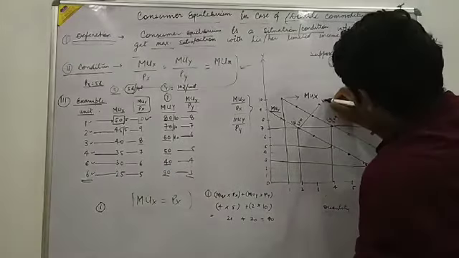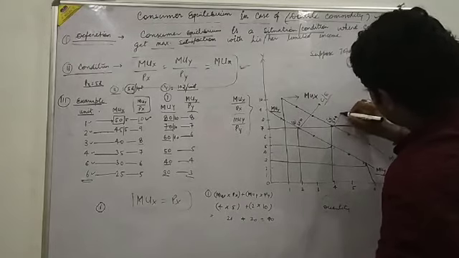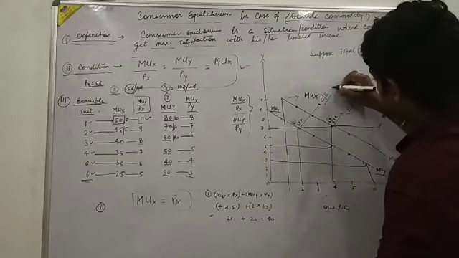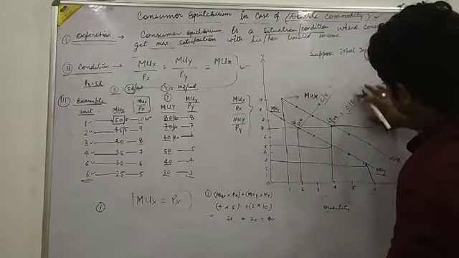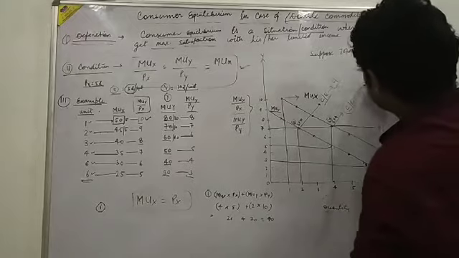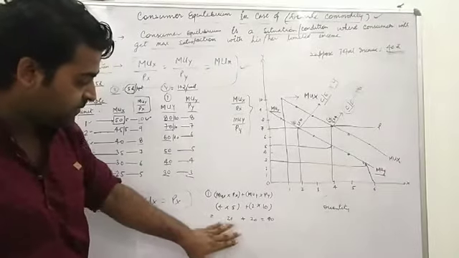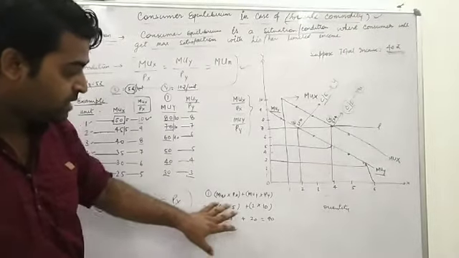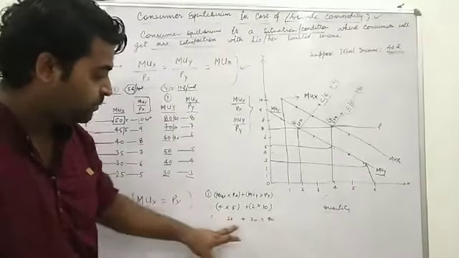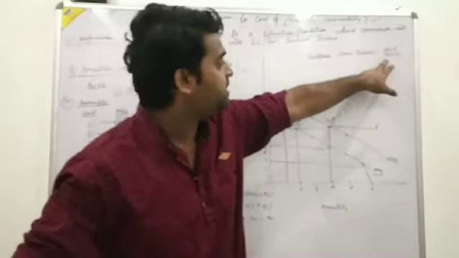So what we will do? Consumer equilibrium in the case of X, and consumer equilibrium in the case of Y. So the consumer is getting 4 quantity of X and 2 quantity of Y, then he has to spend rupees 40 in both the cases, meaning 20 and 20 we are getting, and the consumer is spending rupees 40.